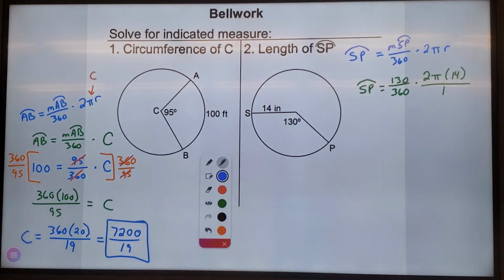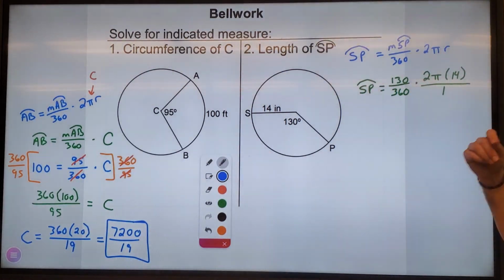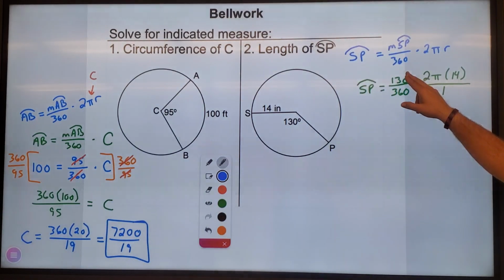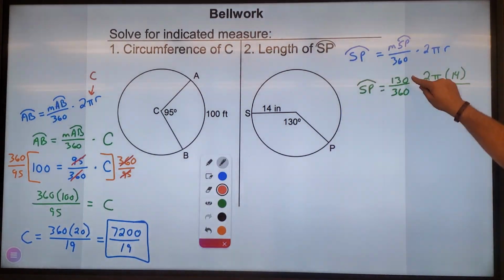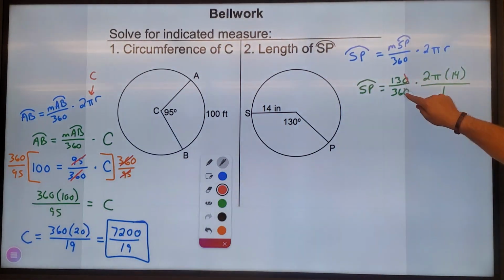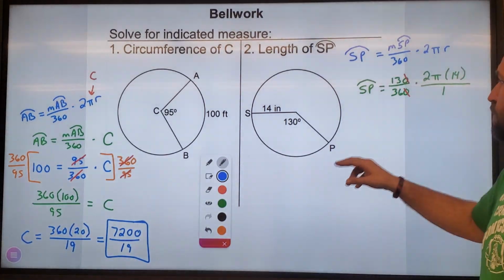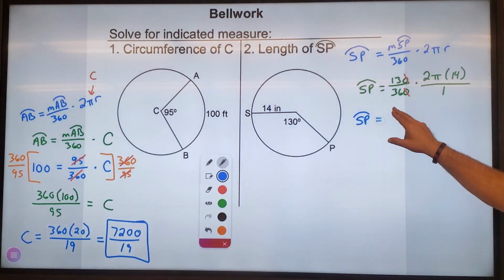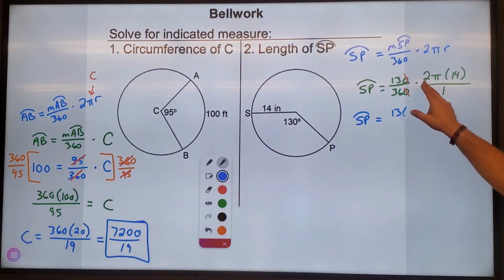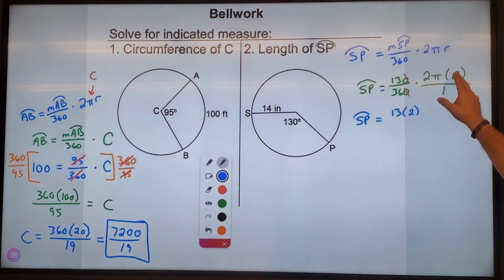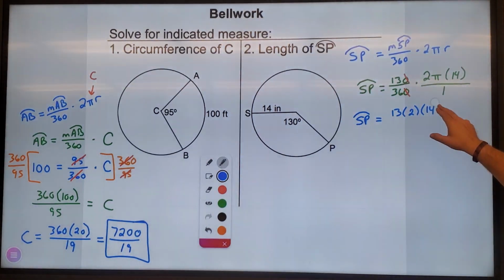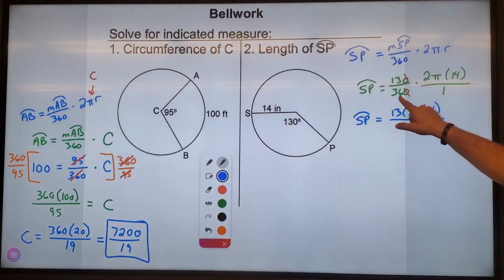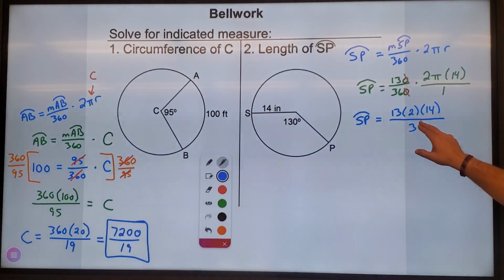Okay. And to do some simple math here, remember that if you have something fraction-wise that has zeros at the tail end, you can cancel respective zeros. So I'm going to cancel this 0 here with this 0 here. Okay, and then I'm going to reorder things now. So I have SP is equal to 13 times 2 times 14 over 36 times 1, which is 36.